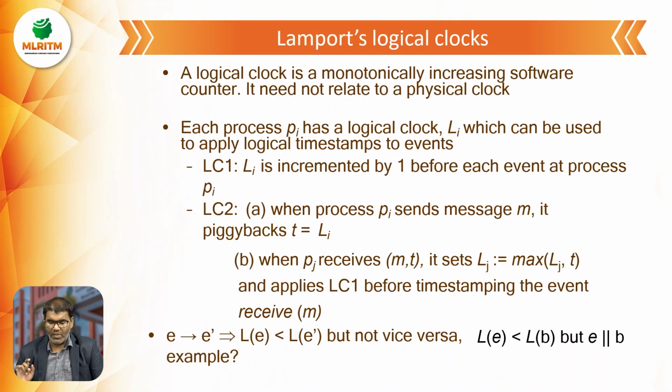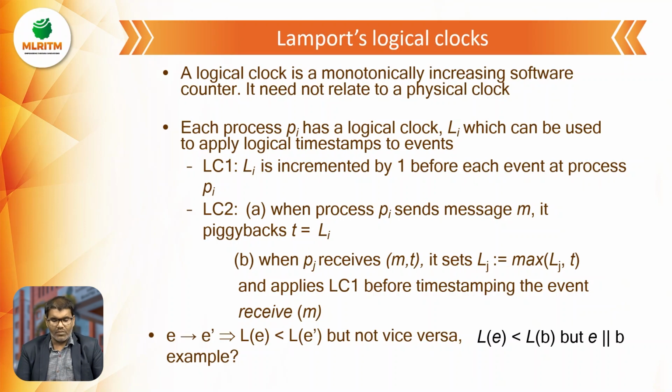When process Pi sends the message M, it piggybacks T equal to Li. And when process Pj receives M comma T, it sets Lj equal to the maximum of Lj comma T, and applies LC1 before timestamping the event of receiving M.